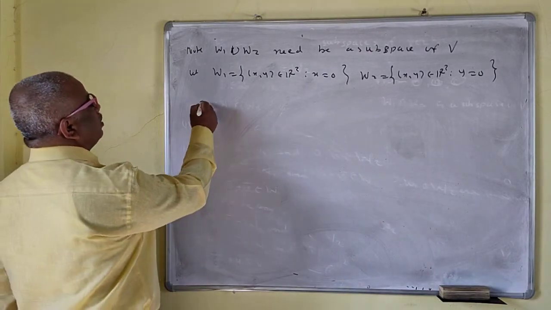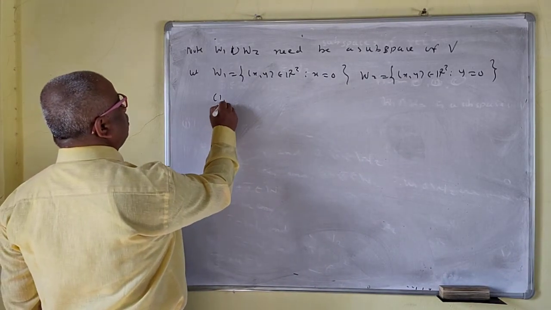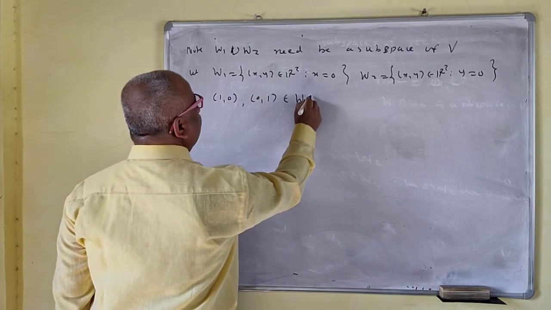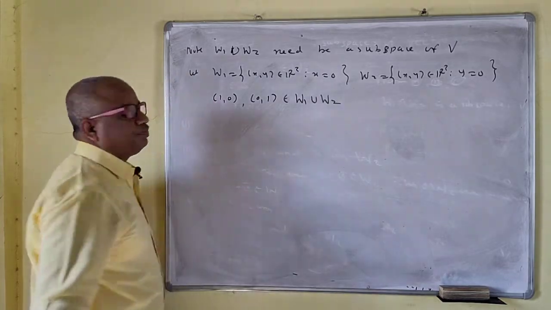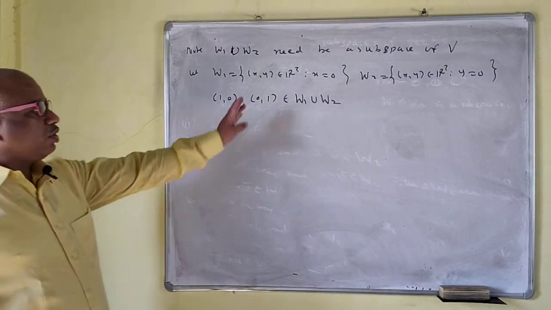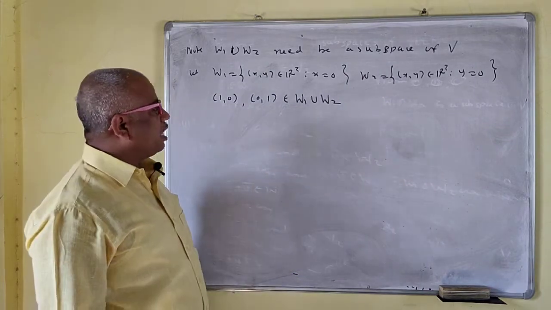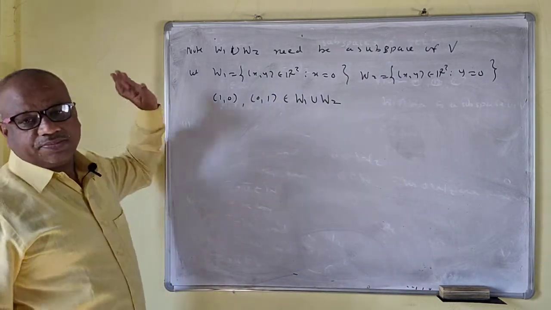Now see here, (1, 0) and (0, 1) belong to W1 union W2. In the union, either x is equal to 0 or y is equal to 0 or both are 0. So these two vectors are in here.